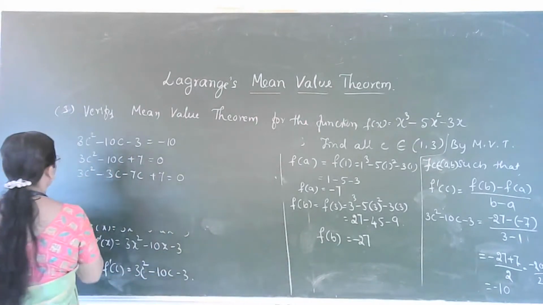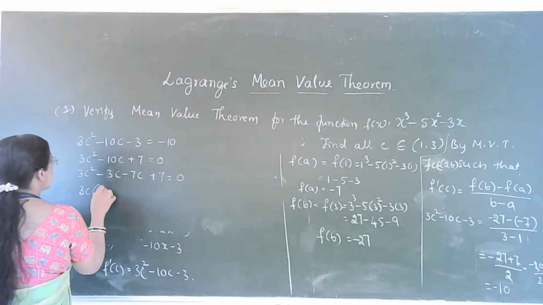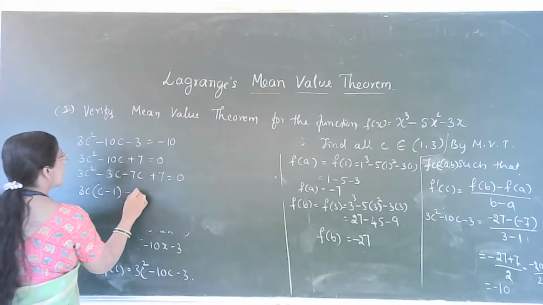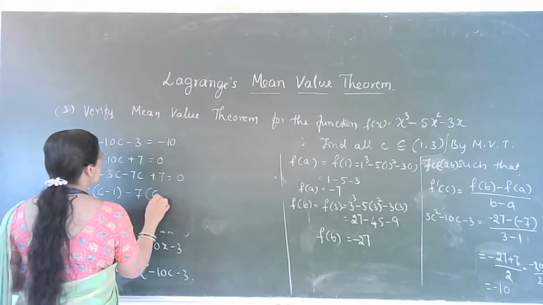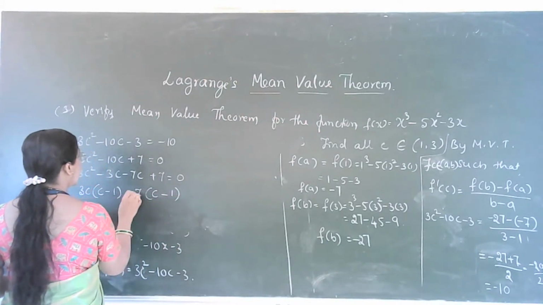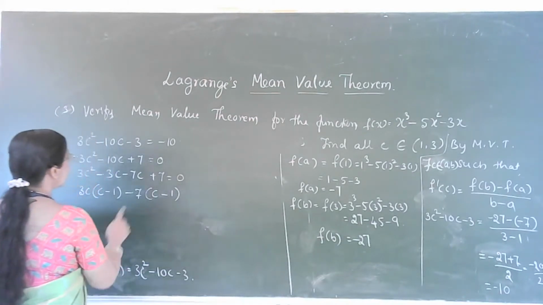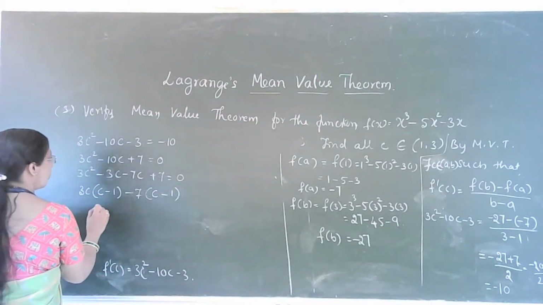Then we take common factor 3c, (c minus 1), minus 7, (c minus 1). We take the common minus sign, therefore we get c minus 1.